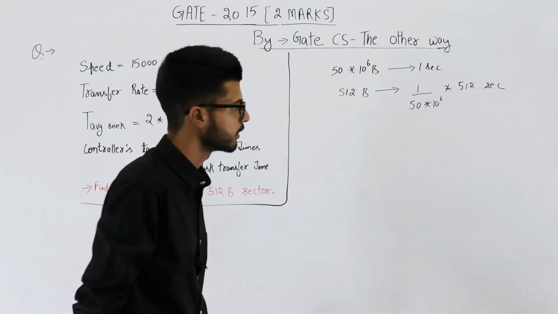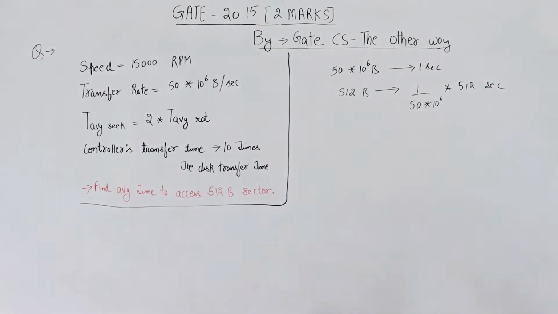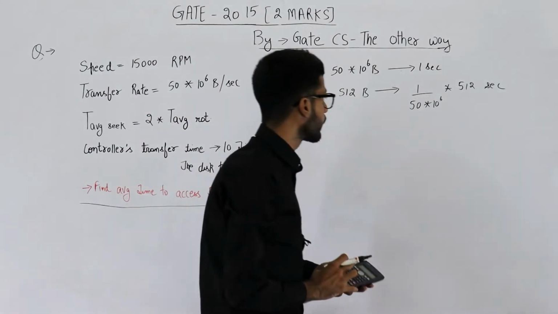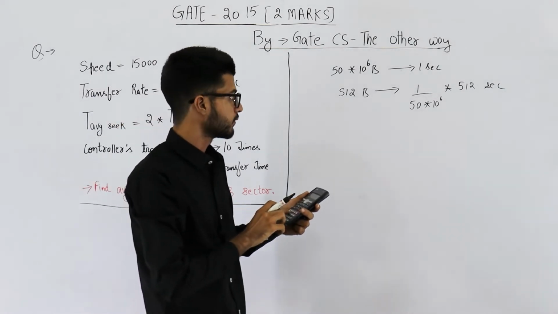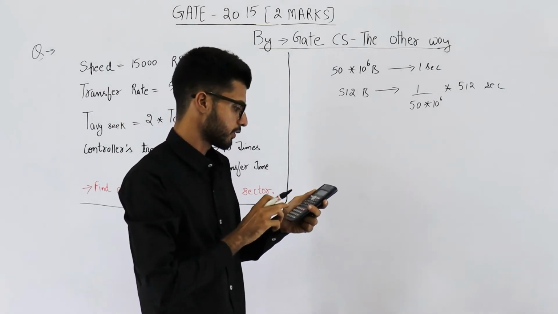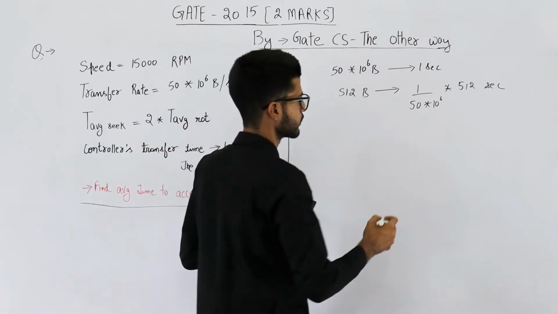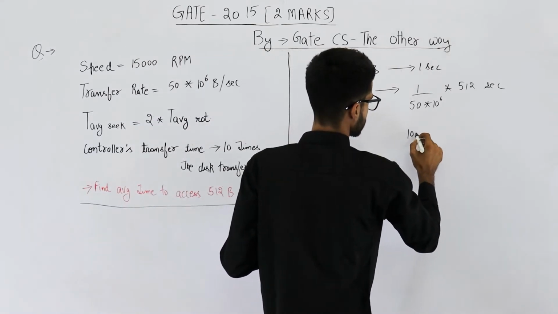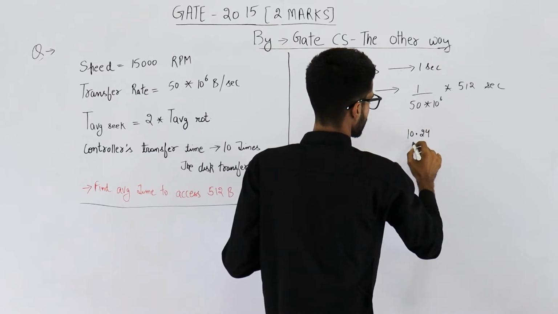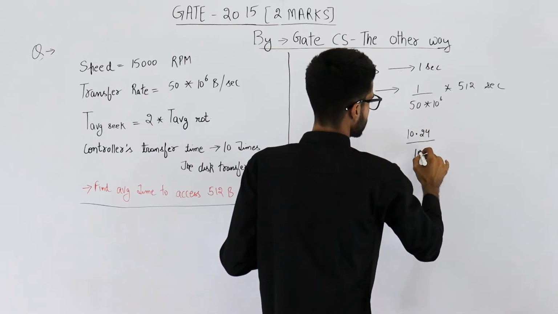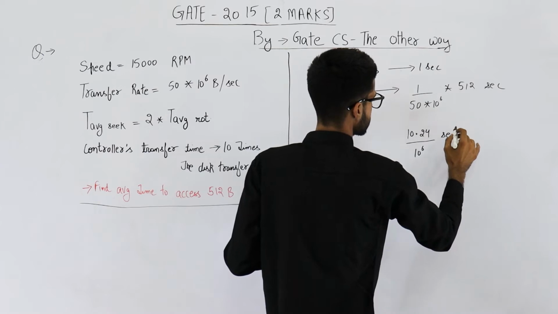So let's calculate it. This will be 512 divided by 50. It is 10.24 divided by 10 raised to the power 6 seconds.